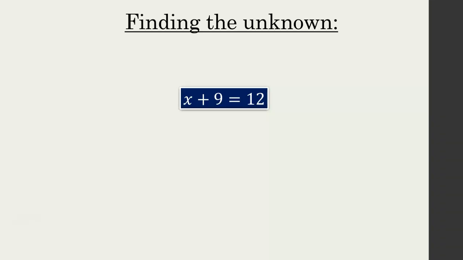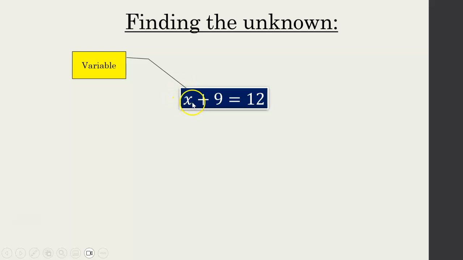We're looking at finding the unknown. So let's say we have x plus 9 is equal to 12. Now just a quick recap on all the terminology. We have the variable. So x would be the variable in this equation. It's a thing that we don't really know, and it can vary in different equations.